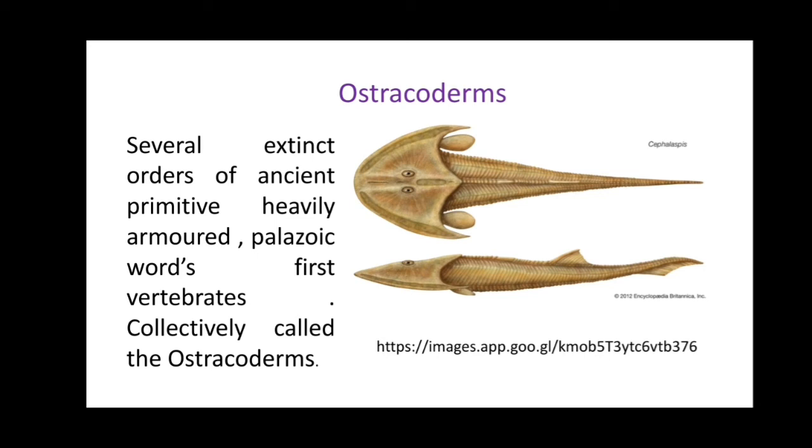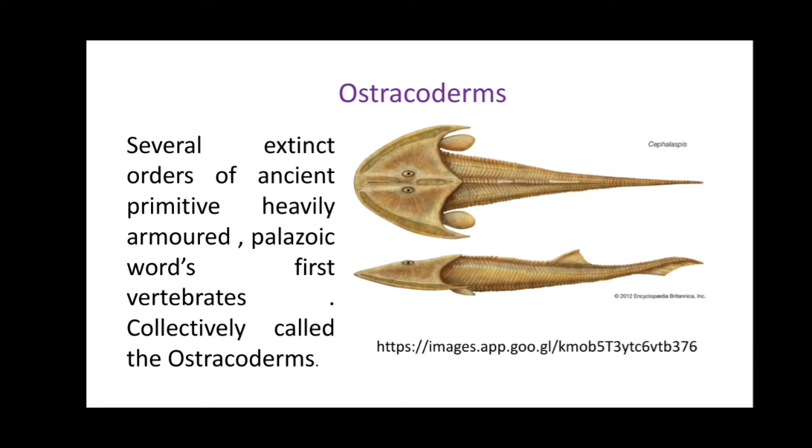Why is it important? The ostracoderms are the remote ancestors of all vertebrates including man. Here the example is Cephalaspis. This is an extinct fish. So the ostracoderm is the order that includes the extinct fishes.